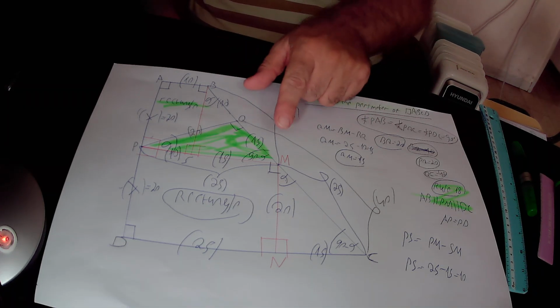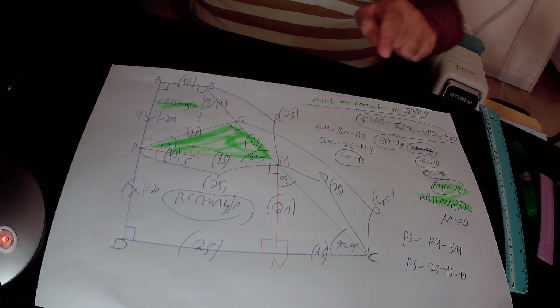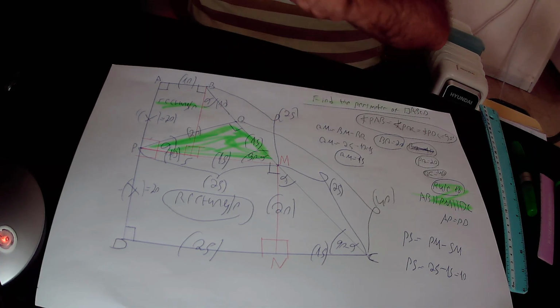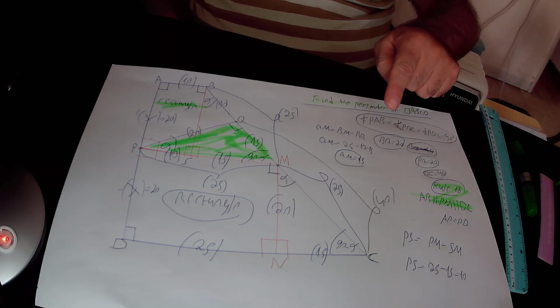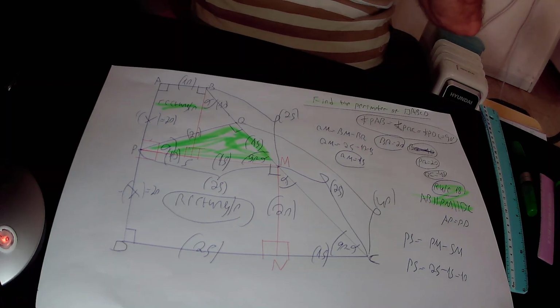So QM equals BM, that is 25, minus BQ, that is 10. So in total, QM equals 25 minus 10, that is 15. So QM equals 15 units in length.